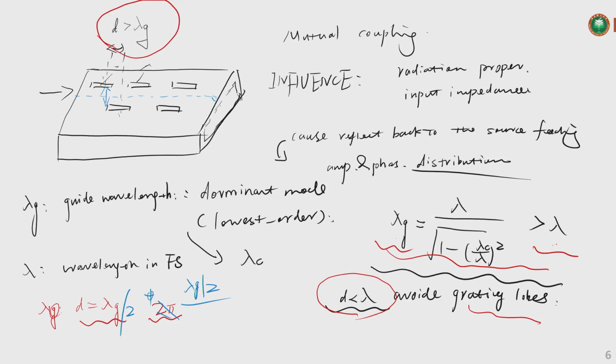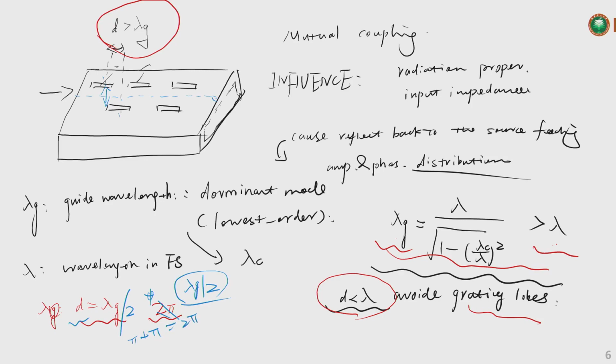So these are the considerations for the mutual coupling. We can set the distance between two neighboring elements to be half of lambda g, and it contributes a phase shift of pi. Then, according to the current distribution, it contributes another pi phase shift, and it relates to pi, right?